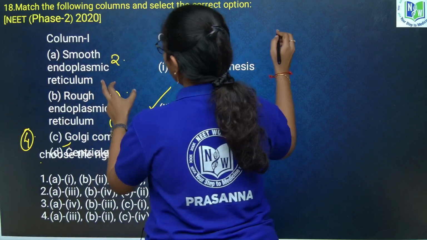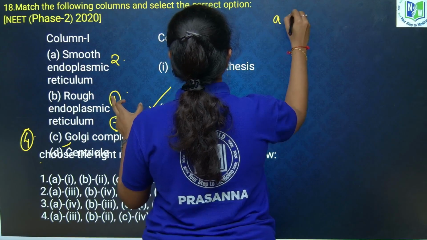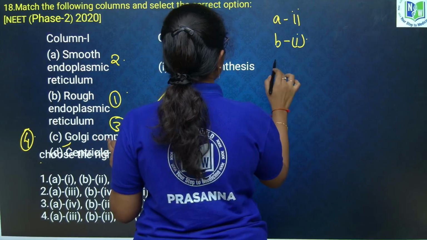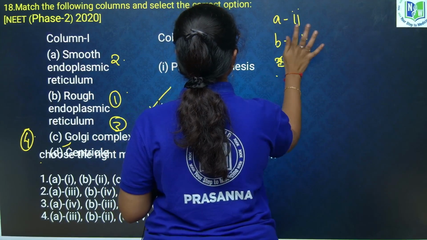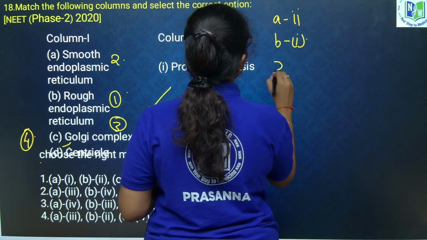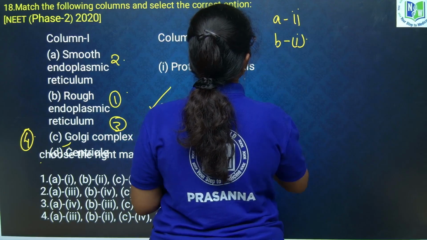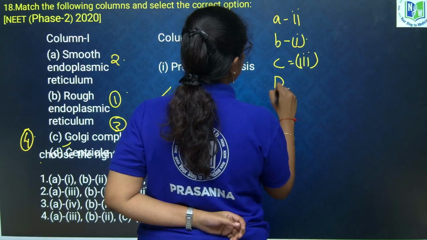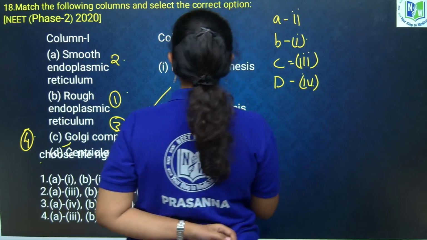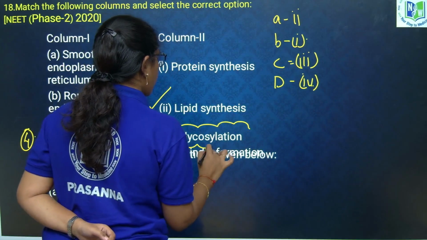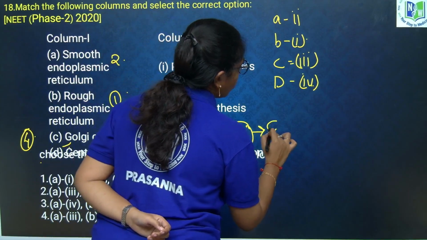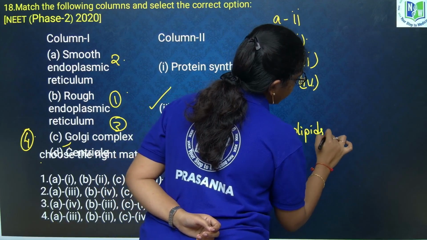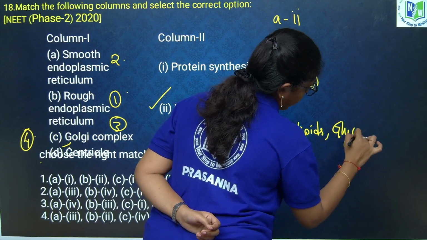Please look over here. A is 2, B is 1, C is 3, D is 4. Glycosylation is nothing but formation of glycolipids and glycoproteins.